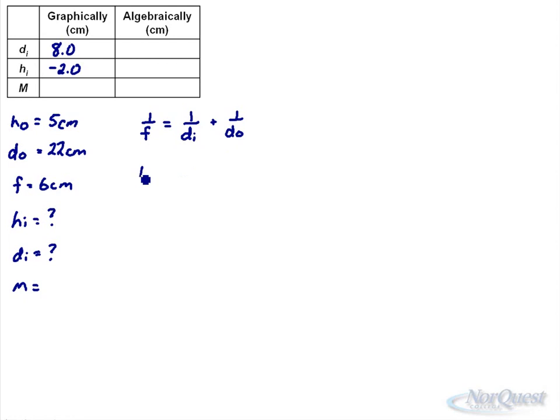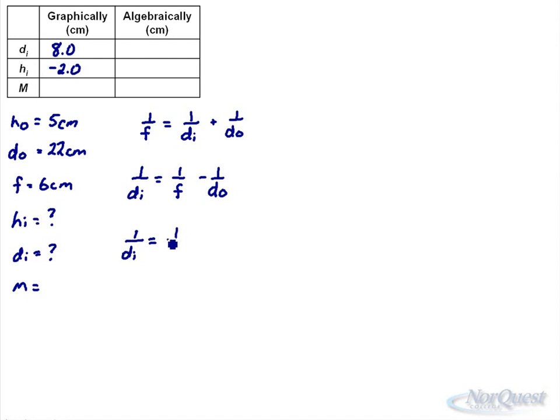So 1 over di equals 1 over f minus 1 over do. Put our numbers in. I'll solve for this after. It's a little hard to manipulate this formula, so I usually put the numbers in, then just reciprocal it after.